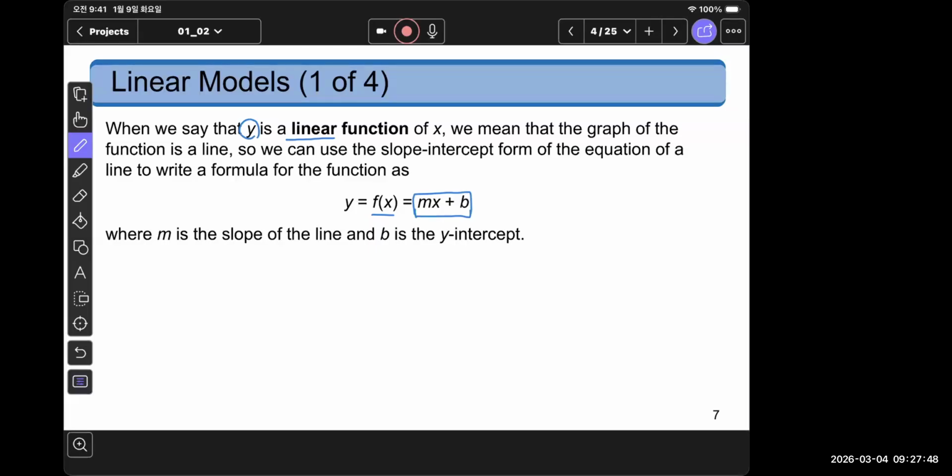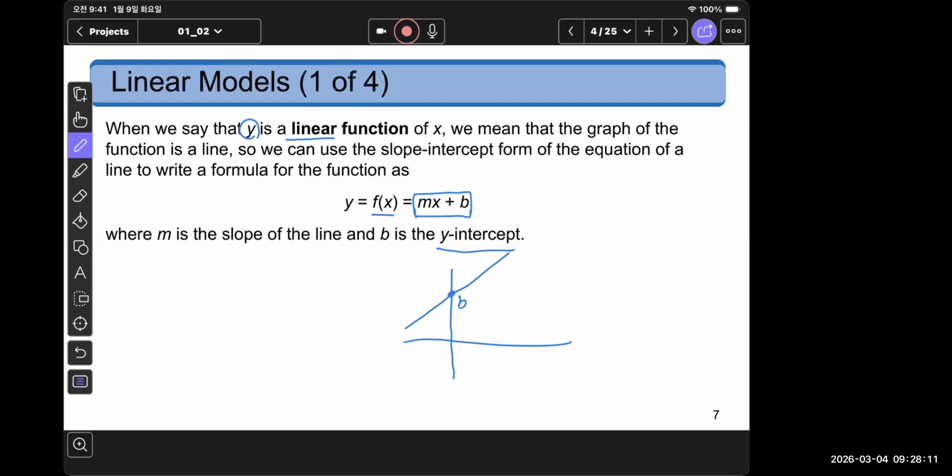And graphically, if your function is a linear function defined by mx plus b, then b is the y-intercept. That means the graph of the linear function intersects the y-axis at b.